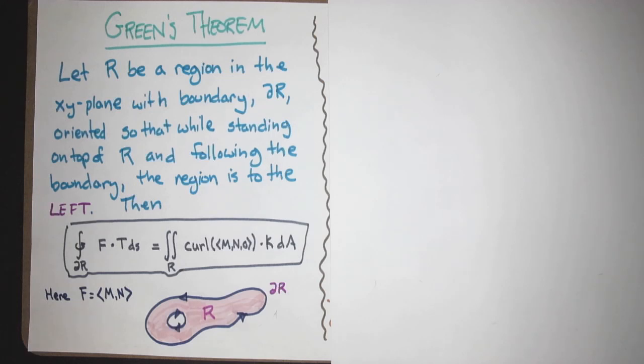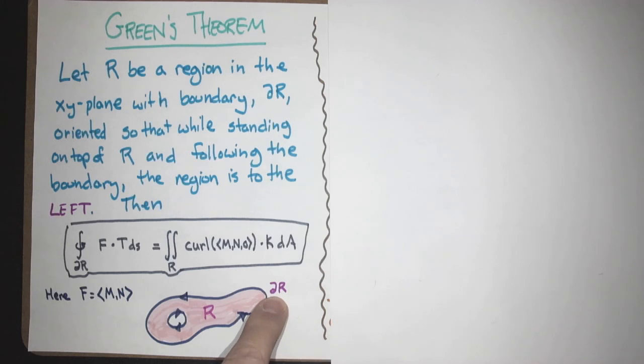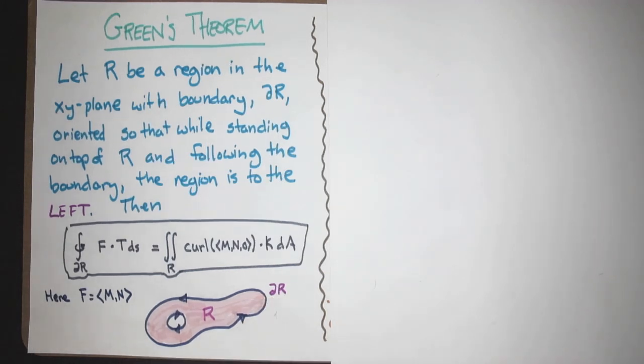We call it the boundary of R, so that's this notation. It's the same symbol that you see for partial derivatives. So when you see that, that's the boundary of R. And what we want to do is compare an integral over R to an integral on the boundary of R. Now we have to be careful in that there's an orientation involved.